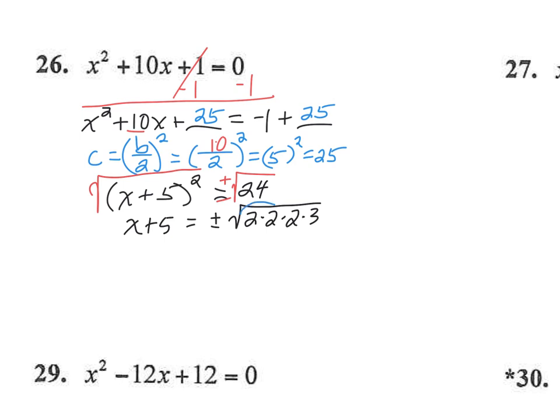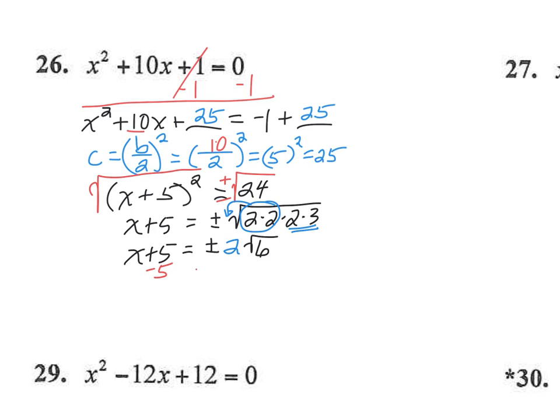So I can only make one group of 2 to pull out in front. So I get x plus 5 is equal to plus or minus 1, 2 gets brought out in front, and 2 times 3 is 6 is going to stay underneath. So I get a 6 underneath here.